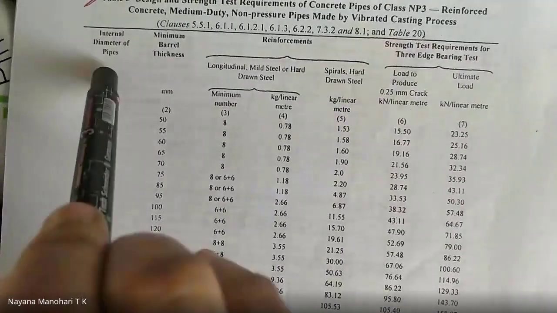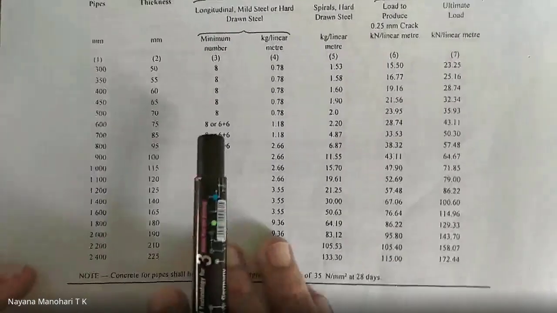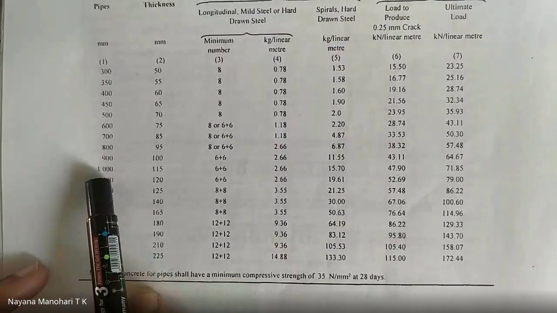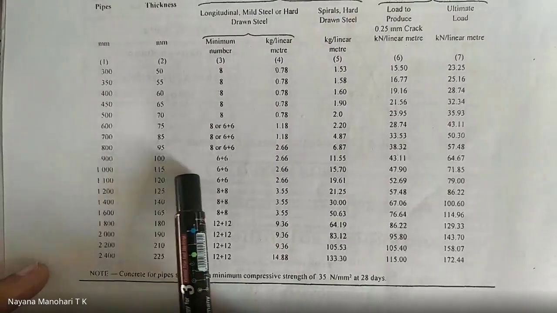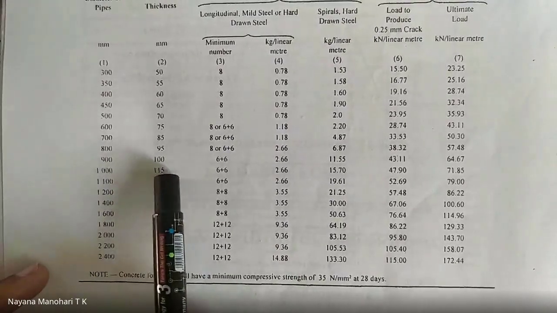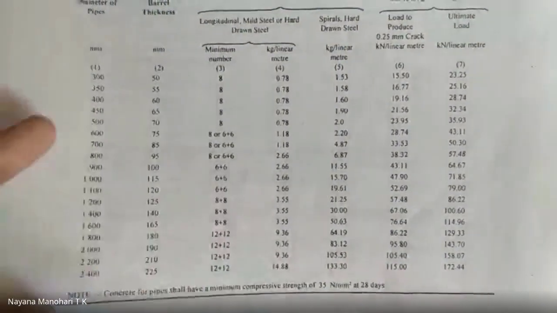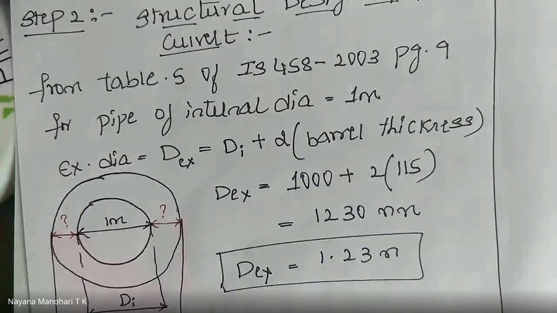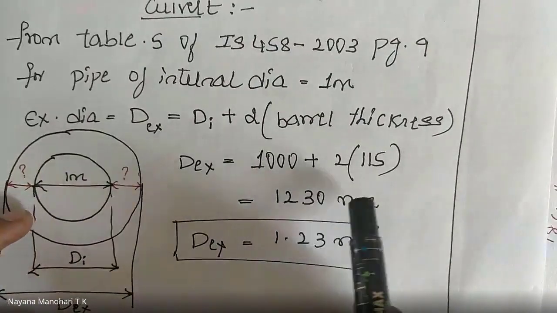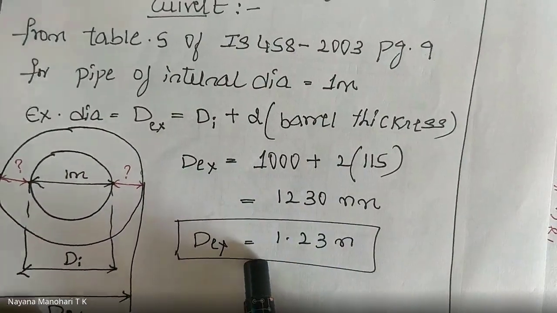We have assumed the internal diameter as 1000 mm. For 1000 mm, the barrel thickness is 115. Substitute it and calculate the external diameter.